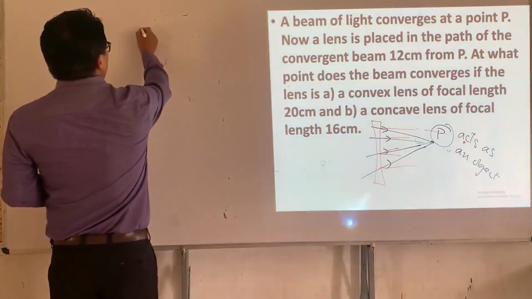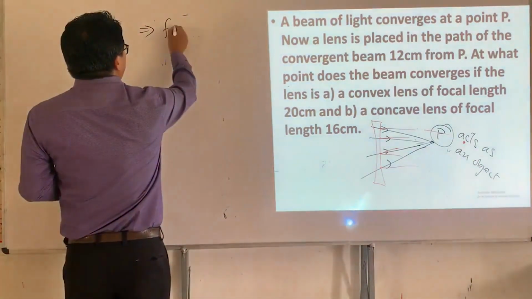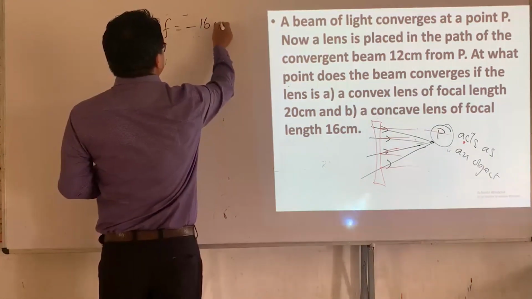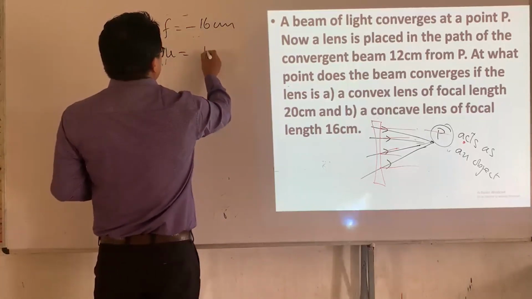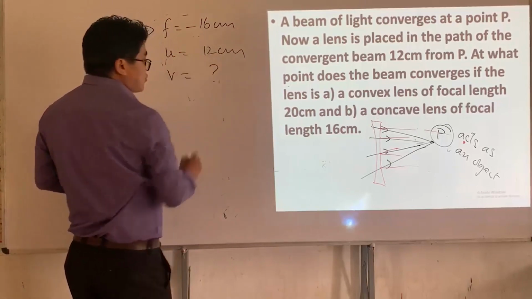So again, what is the given? F is equal to how much? F is minus 16 centimeter, and U is again the same 12 centimeter, and V is to find out.